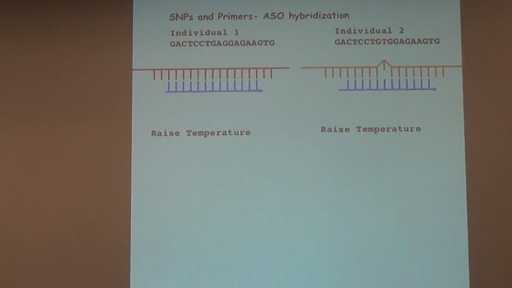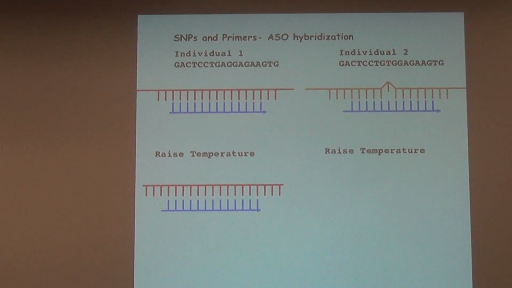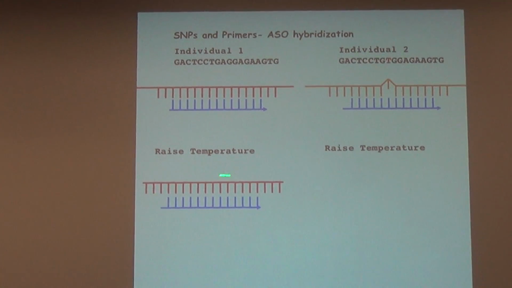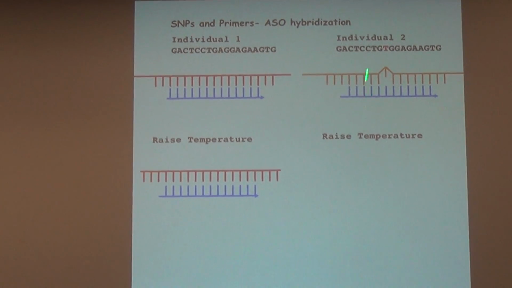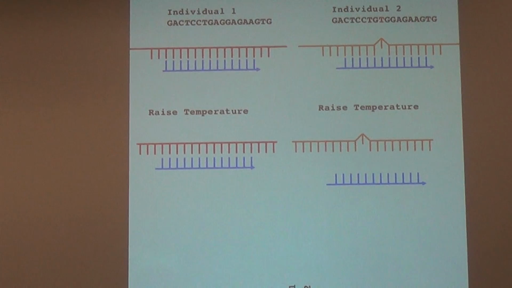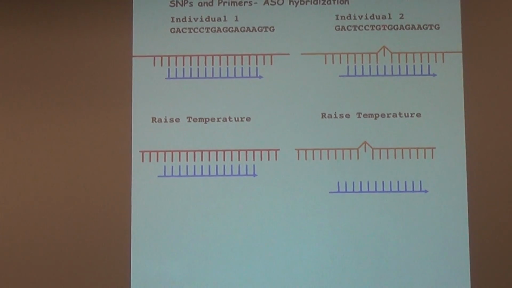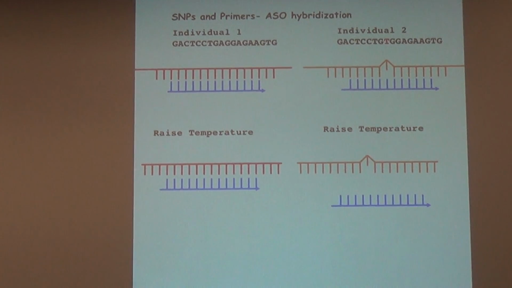Now, when I start the reaction by raising the temperature, this primer, because it's perfectly matched, will stay bound during the PCR reaction. This primer, on the other hand, will fall off. It won't stay bound. And if it doesn't stay bound to the sequence, you can't get a PCR reaction to work.